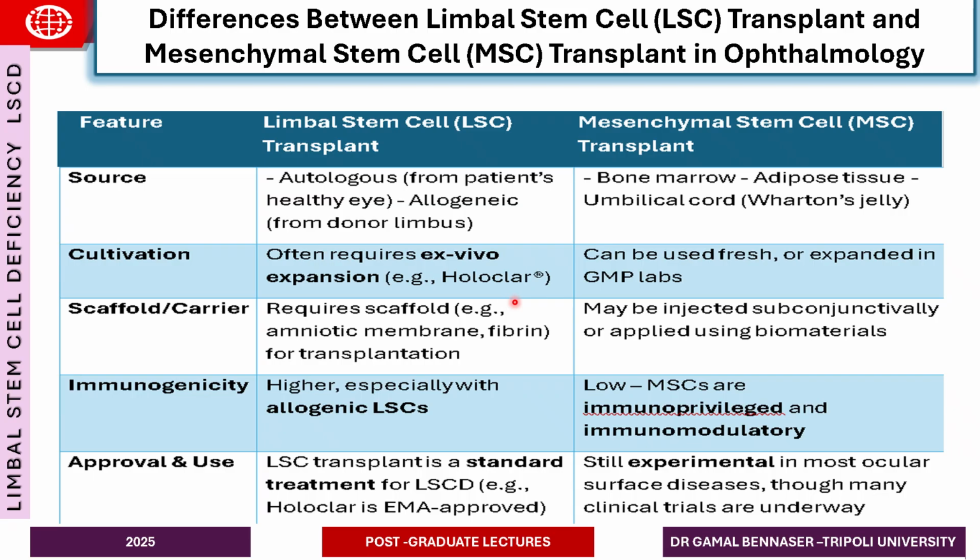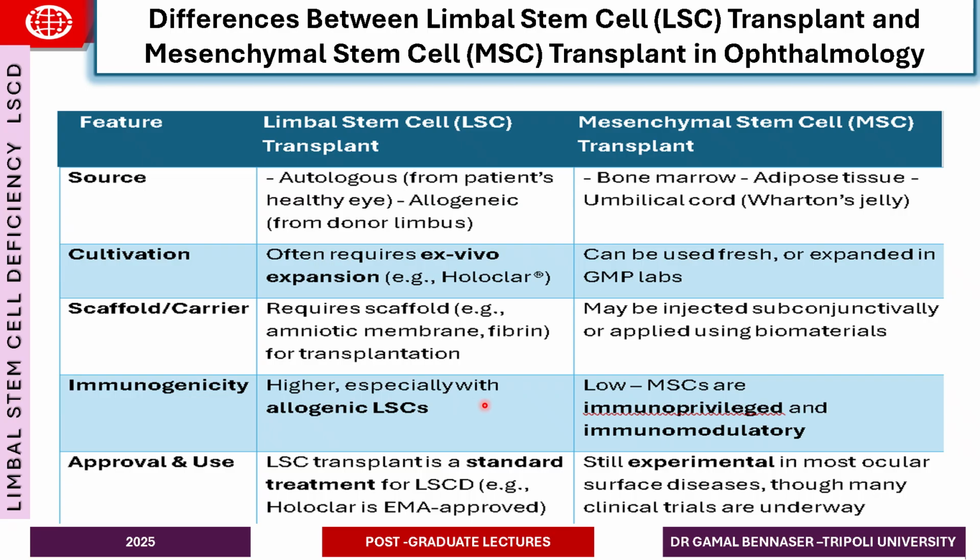They have no immunologically induced response. They are known as immunologically privileged cells. So they have an immune modulatory effect and they don't have a risk of rejection, unlike the epithelial stem cells, where, if we exclude the autologous graft, the allogenic graft has a risk of rejection.